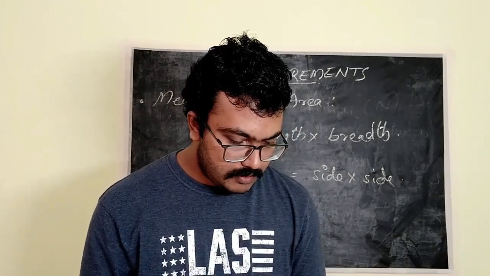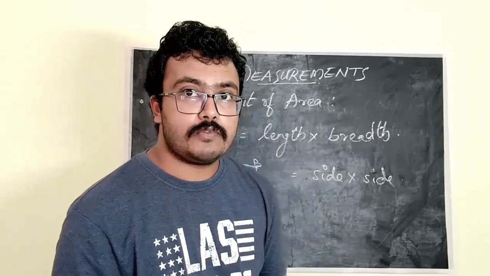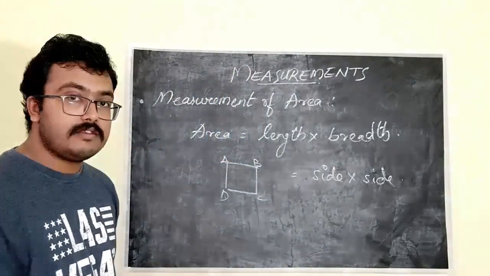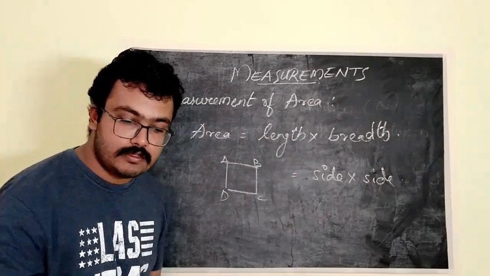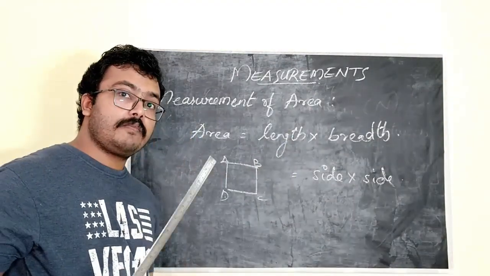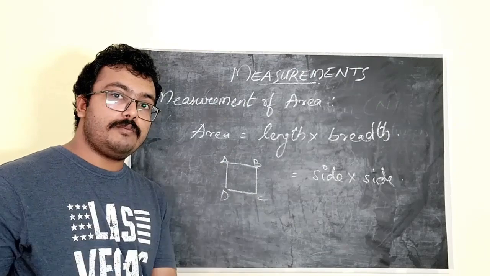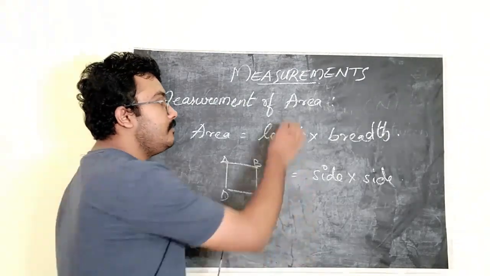What have we here? They have given you the formulas and they have given the SI unit. The SI unit is square meter. I'll tell you why it is square meter. Length is measured by using a scale, and whatever you measure, the length is always in meter.